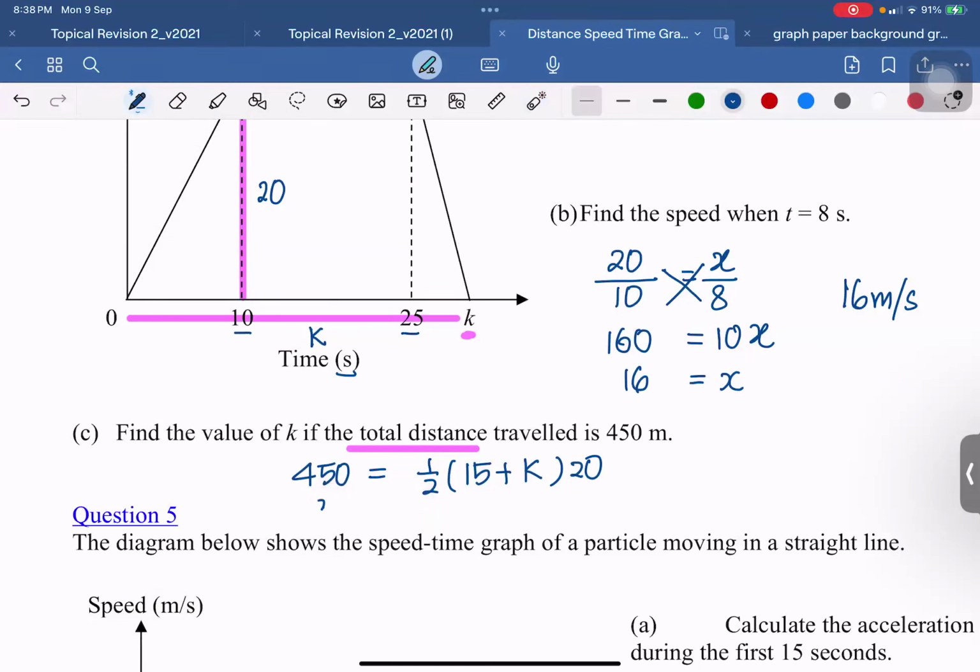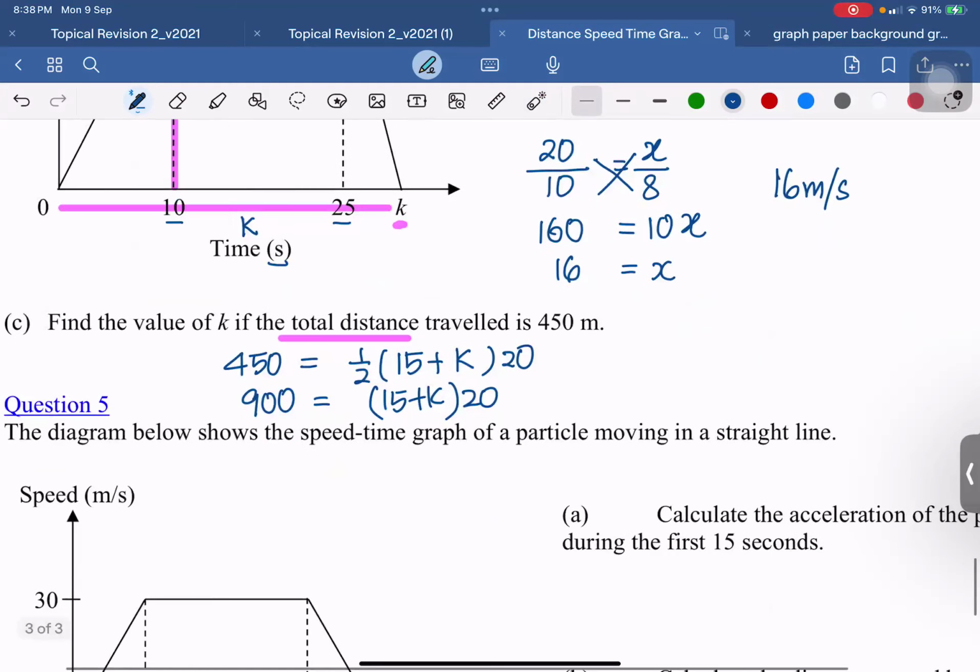450 times 2 is 900, equals 15 plus k, times 20. How to get rid of 20? Divide. So 900 divided by 20 is 45. Okay, 45 equals 15 plus k.